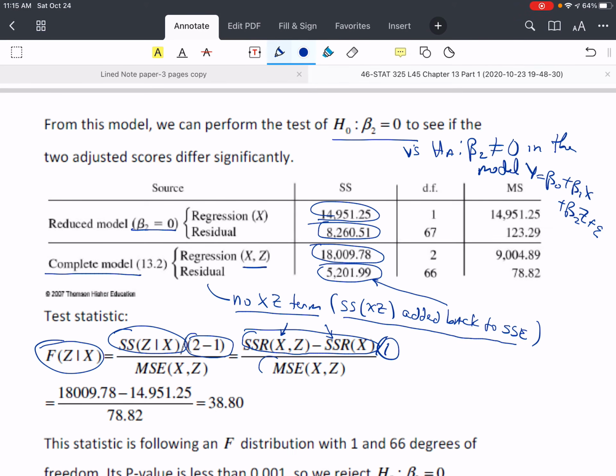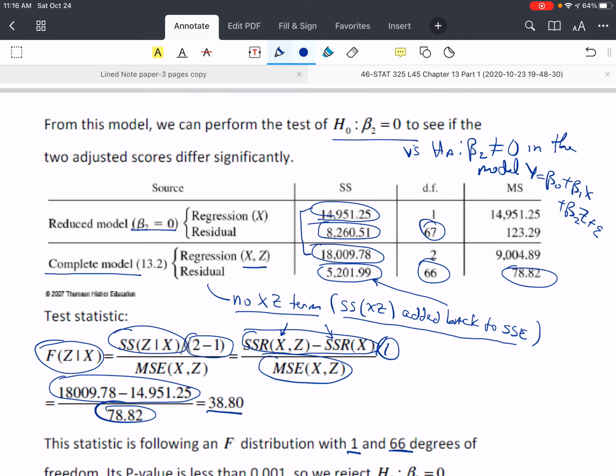And then we're using the MSE of both x and z. So here, we'd have to take these two values and subtract them, and then we could use the MSE for the full or complete model in this case. And so we get an F statistic of 38.8, with degrees of freedom of 1 and 66. Notice here we had a degrees of freedom of 67. Here we have 66.